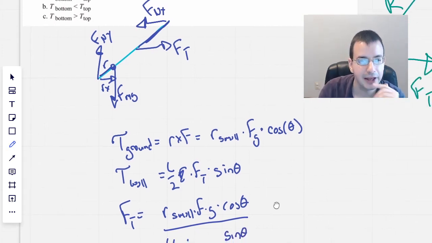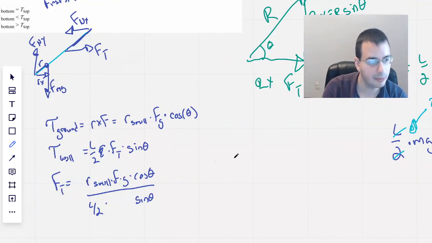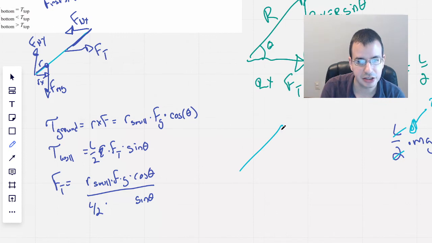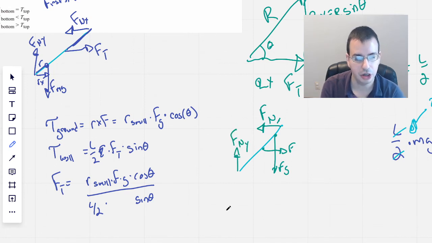Okay? Now when we look at this same issue, but like this, we have our ladder like that, and now we have the same force tension. We have mass gravity up here because he's on the top step. We have force normal in the x direction, and force normal in the y direction. We get a similar thing.